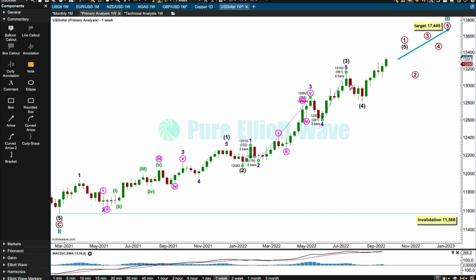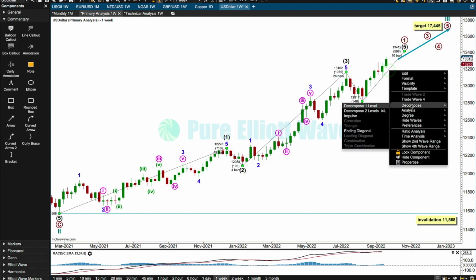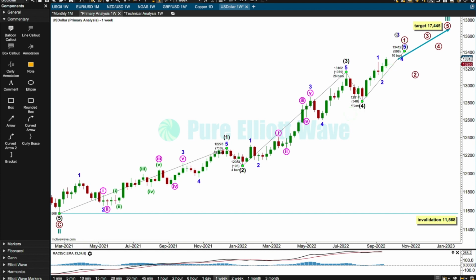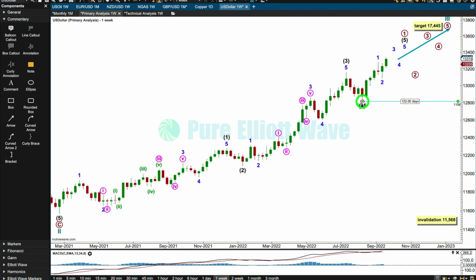Okay, I think we might be in the 5th wave at intermediate degree within primary wave 1. And just now moving through the middle of intermediate 3, and then we'll have 4 and 5. So for the weekly chart level, for now, I think I can move the invalidation point up to here, and then once 3 has moved a bit higher, you can move the invalidation point up to the high of 1.